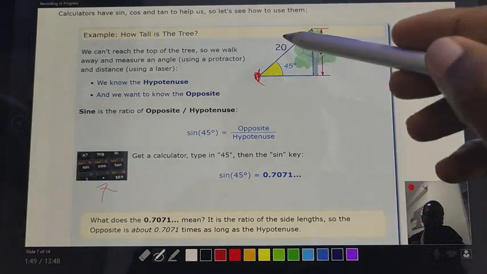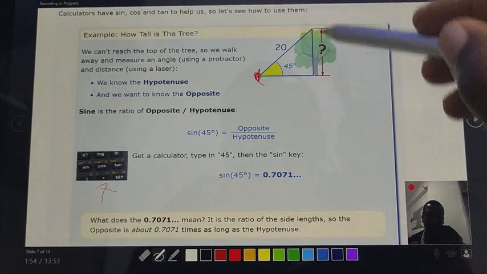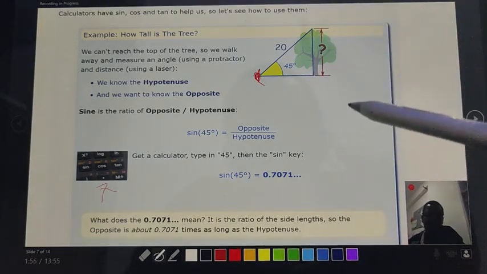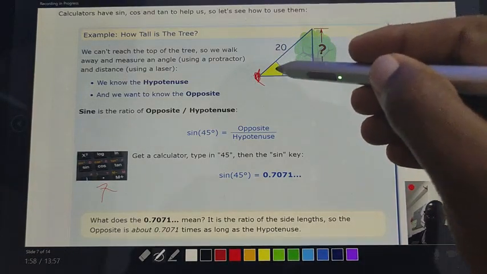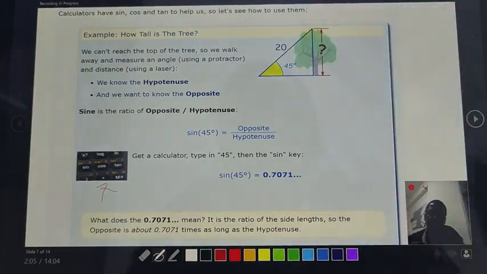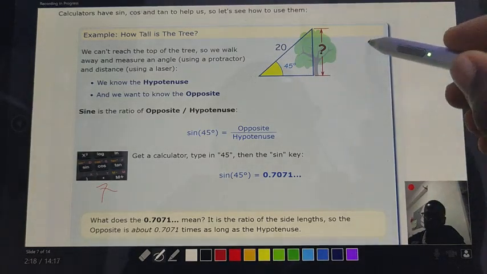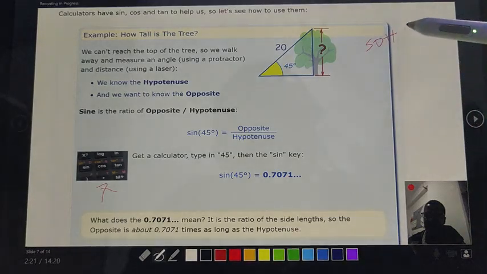So in this case we know the hypotenuse. We don't know the opposite, but we also know this angle here. Now we need to use those trigonometric ratios to find this missing side, the height of the tree. Remember, I was saying we can use SOH CAH TOA.